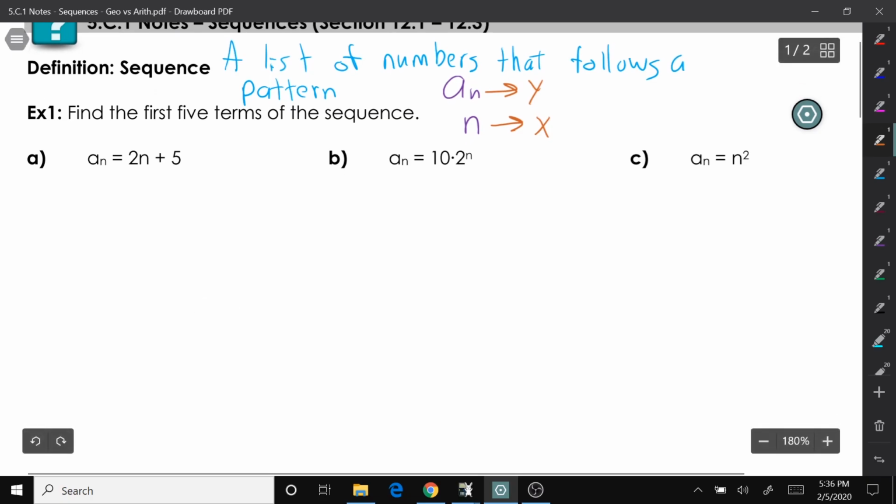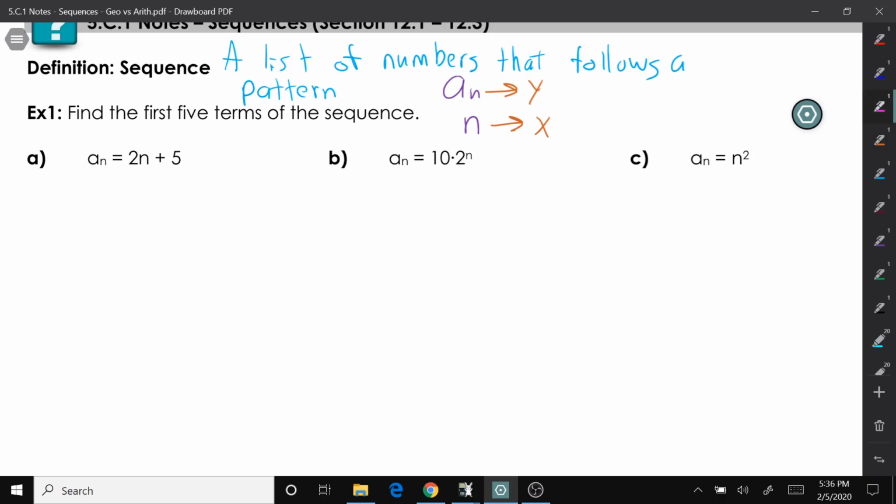In our first example, we're going to list the first 5 terms of each sequence. So again, you could think of this as y equals 2x plus 5, and then just plug in the numbers for x, 1, 2, 3, 4, 5, and so on to get your answers.